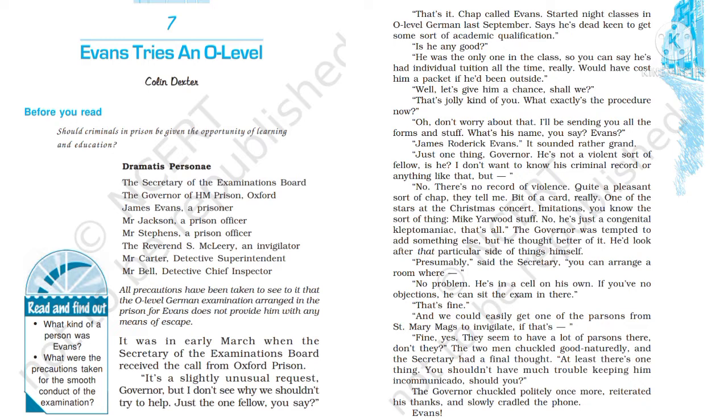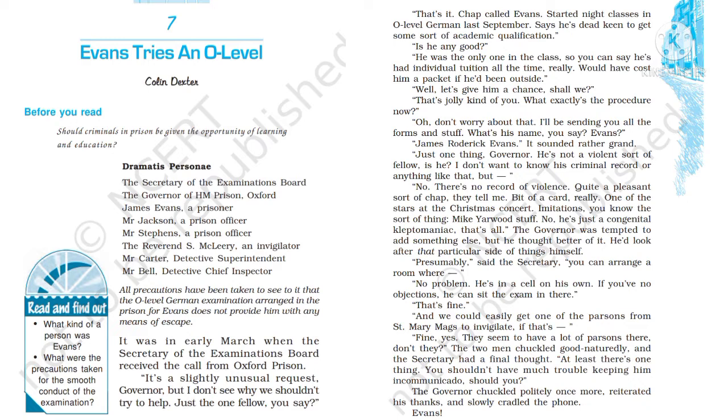Then the secretary asks about the venue of the exam, to which the governor replies that the exam will be conducted in Ivans' cell itself. The secretary agrees and tells the governor that a priest as invigilator would be coming from St. Mary's Mag to take Ivans' examination, and the governor agrees to it.